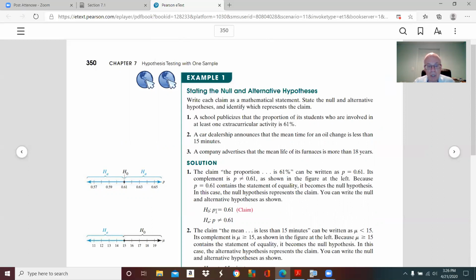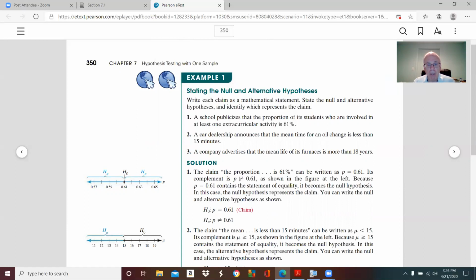So you can see here, since it's a proportion problem, we use the population parameter p equal to 0.61, and that is the claim. So the alternative would be the complement of equal to, which is not equal to 0.61. p is not equal to 0.61, and these are the null and alternative hypotheses, where the null hypothesis is the claim.